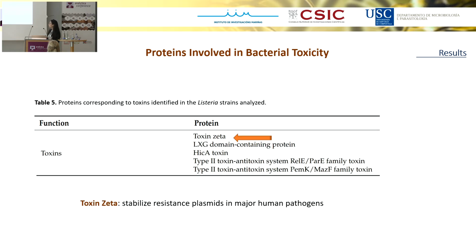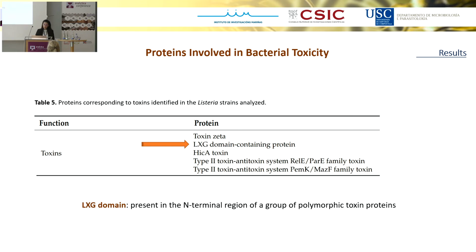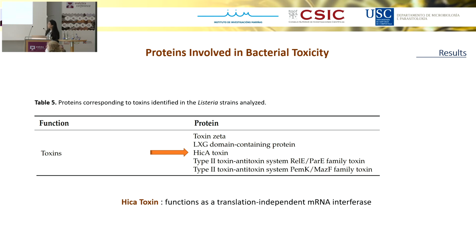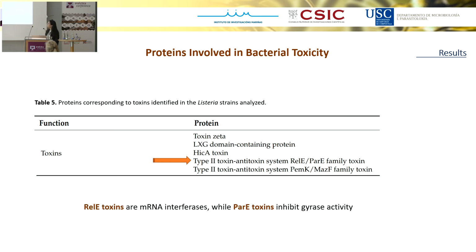Among these toxins, the toxin that stabilizes resistant plasmids in major human pathogens, the LHG domain containing protein that is present in the N-terminal region of a group of polymorphic toxin proteins, the HicA toxins that function as a translation-independent mRNA interferase, and we also identified 2 type 2 toxin-antitoxin systems, among them the toxin that is an mRNA interferase and the PA toxin that inhibits urease activity.